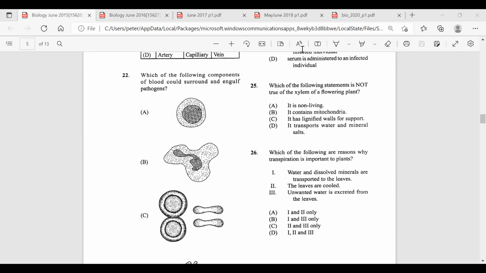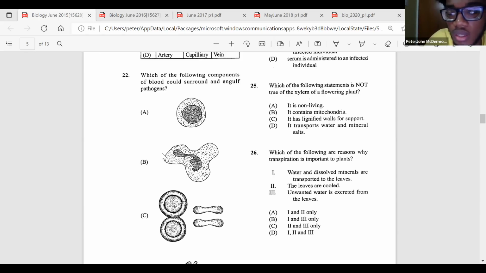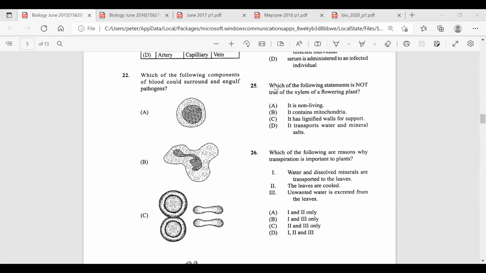What's the function of a phagocyte? It surrounds and engulfs pathogens. Yeah, like in the question.